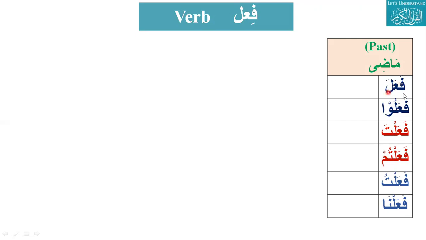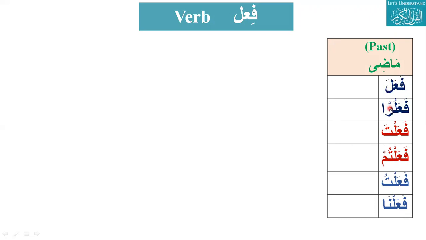If you observe, there is one word, fa'ala, and it is changing its shape. Like in madi, you just have to observe the end of this word: fa'ala becomes fa'alu, then ta, tum, tu, na, and these last letters will define and tell the meaning. We will recognize the meaning by the ending.